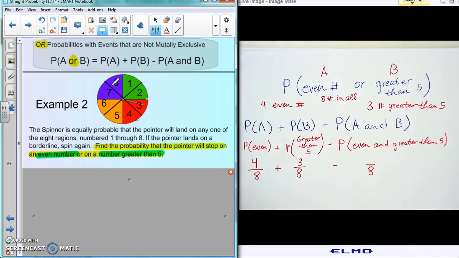But how many numbers are even and greater than 5? Here we know these are numbers that are greater than 5. So of those 3 numbers that are greater than 5, 2 of them are going to be even, right? 6 and 8. They're both even. So 2.